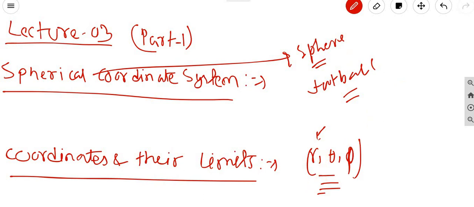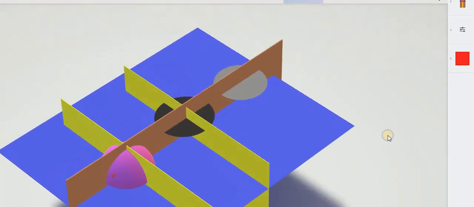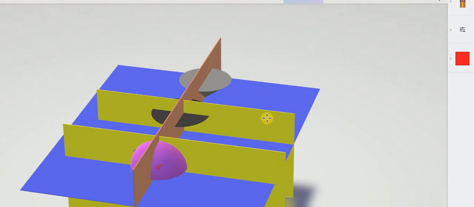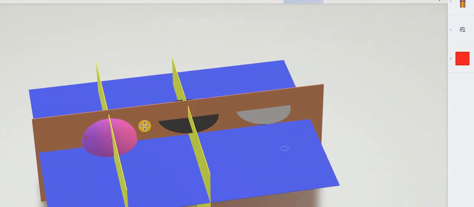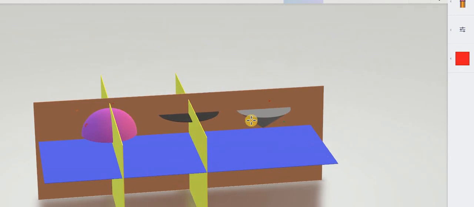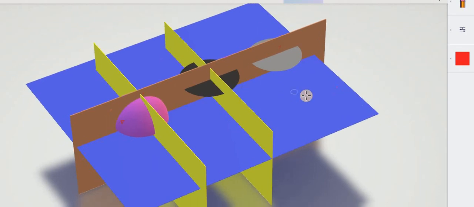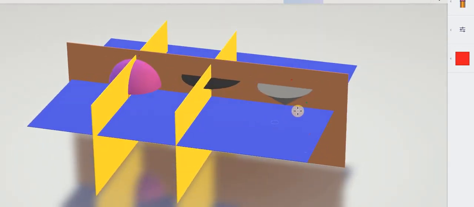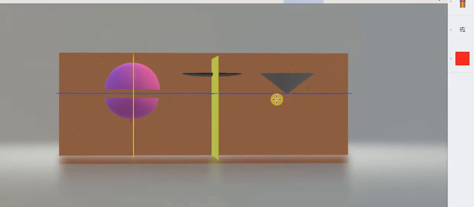Clear? So now see, here I have taken this configuration for different purposes. For the time being, just neglect this conical surface. I will use it later when we deal with the surfaces. Now see here, I have taken two hemispheres.